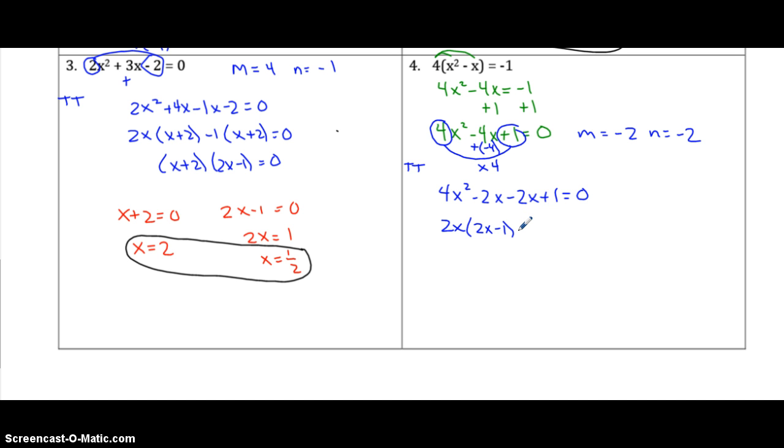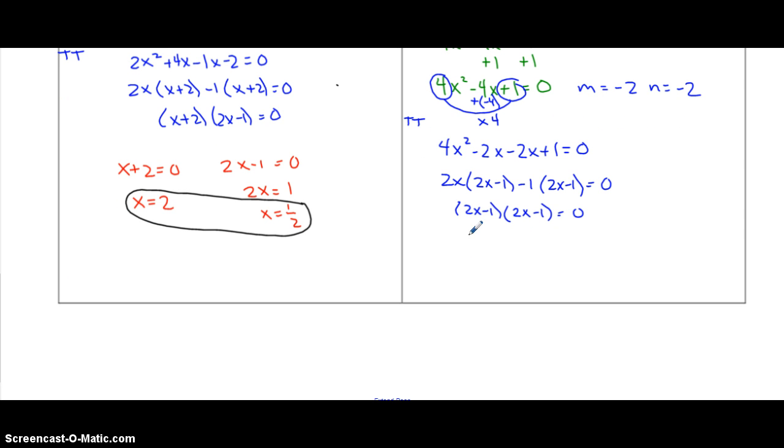The only thing you can factor out is a negative 1, and you are left with 2x minus 1. Then we have a common factor of 2x minus 1, and you are left with 2x minus 1. And since both brackets are the same, we've talked about this, that the proper format to write that is 2x minus 1 squared.